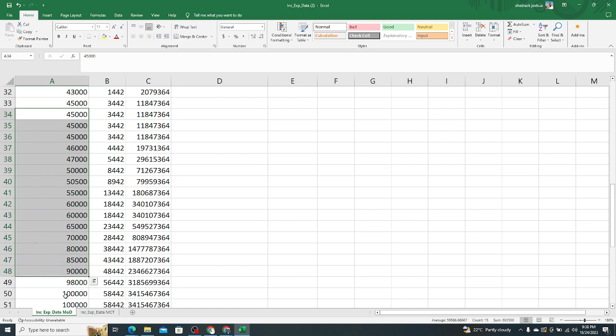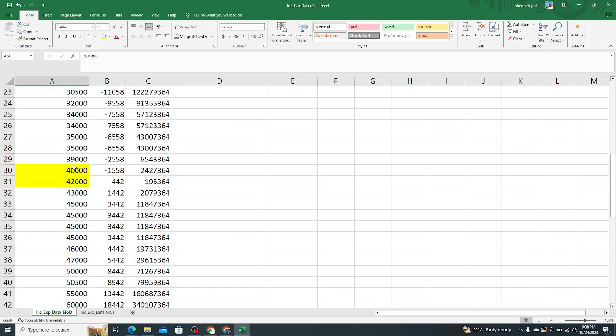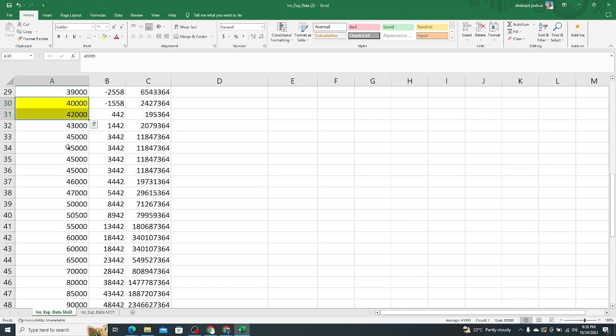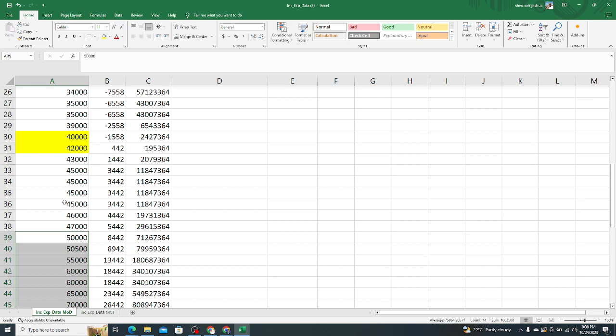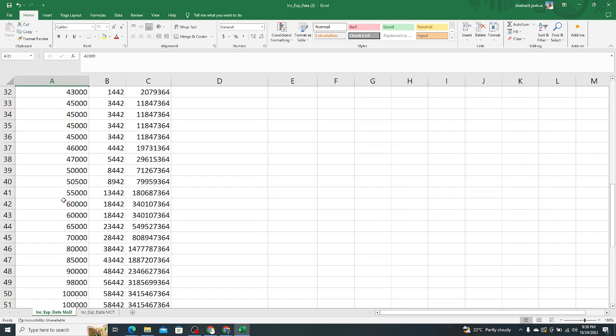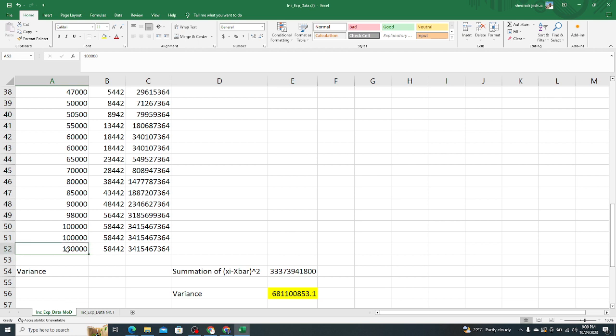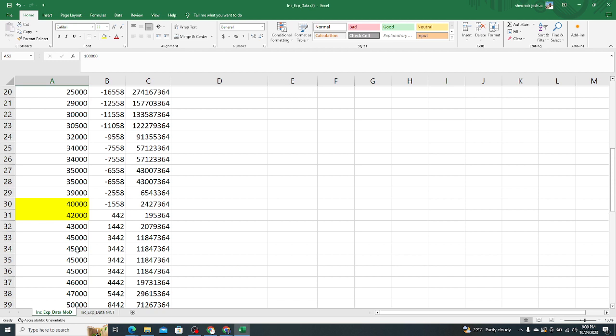Because we are comparing the individual data points with the average. You cannot compare the difference between 45,000 and 41, and between 100,000 and 41, as the same value.